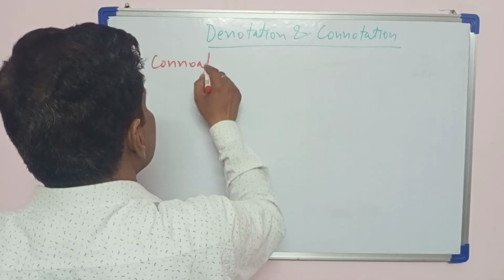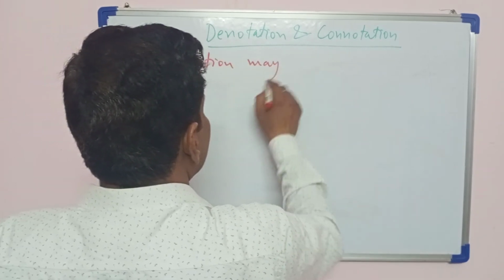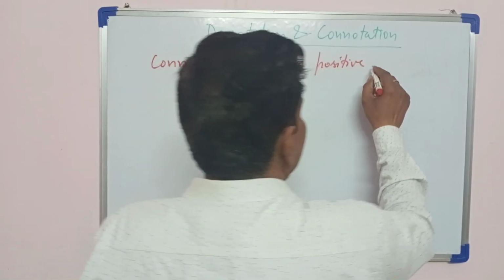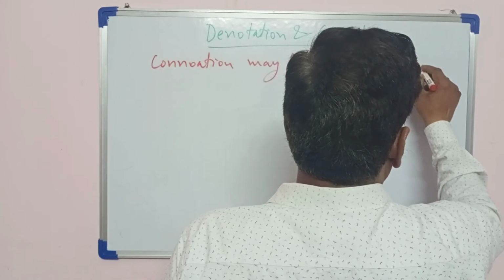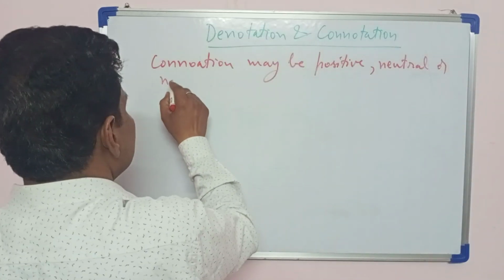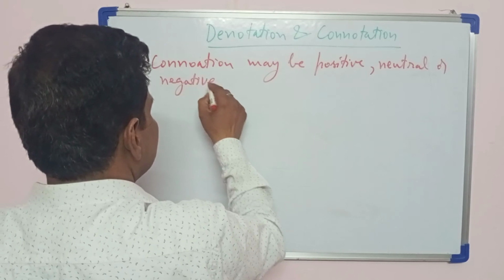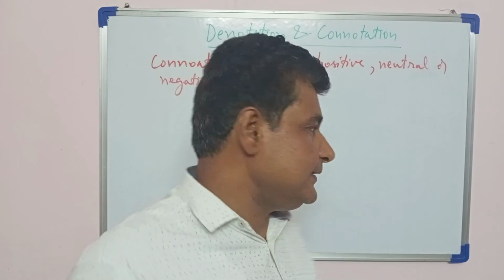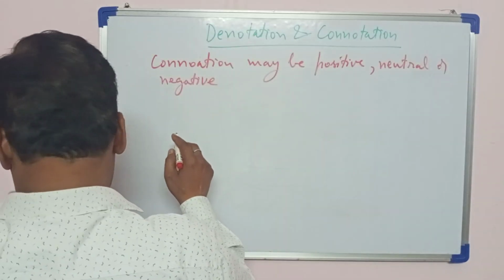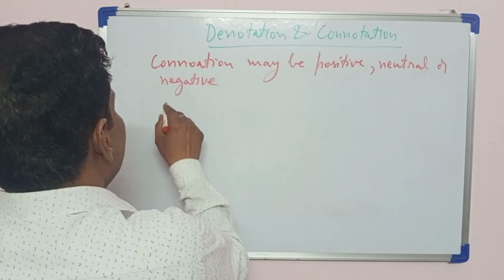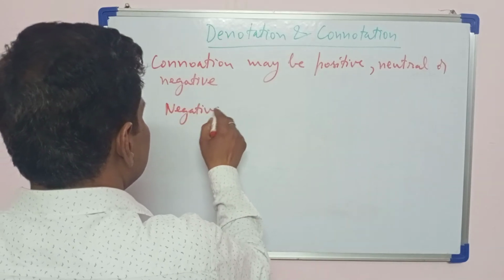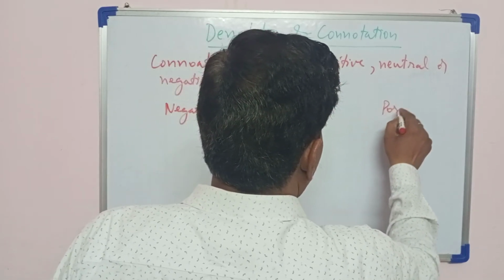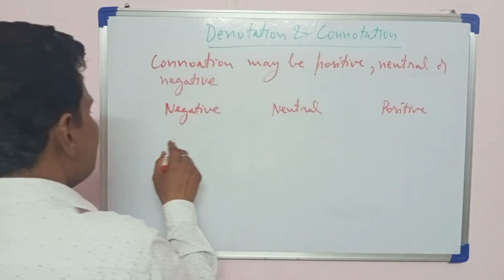Connotation may be positive, neutral, or negative. How can it be positive, negative or neutral? Let's see. Negative, neutral and positive. We will just see.